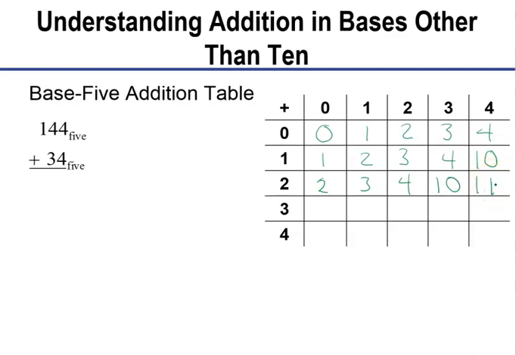I keep trying to say that's 2, but it's 1. 2 plus 4, picture 6 things, which is 1 five and 1 one.